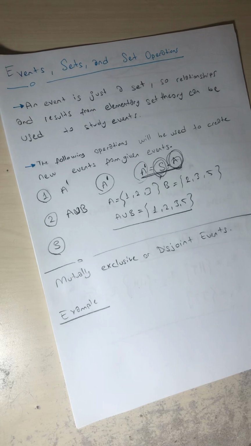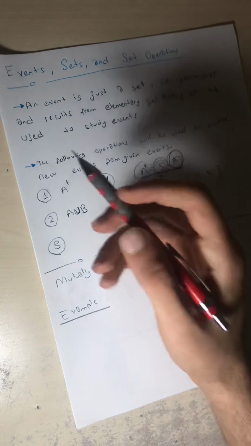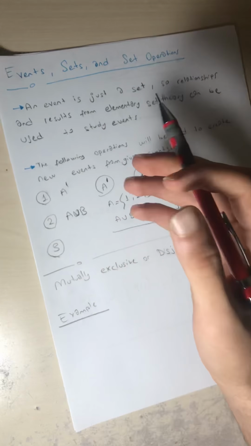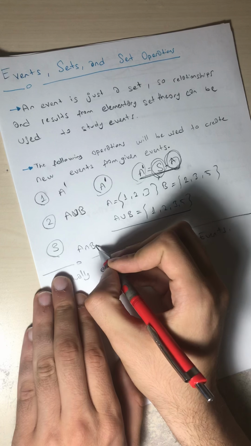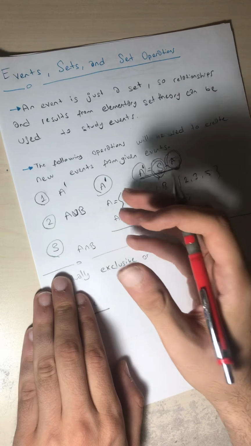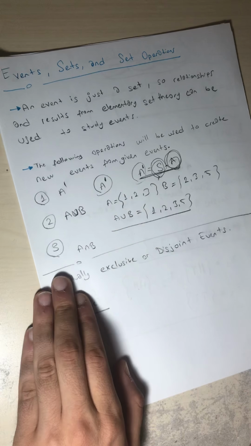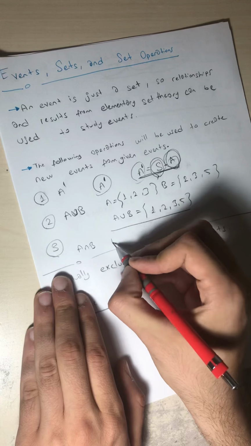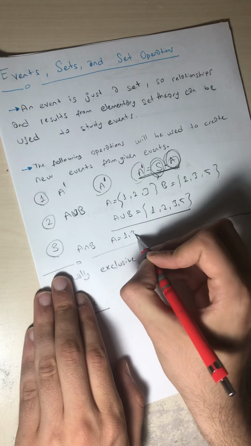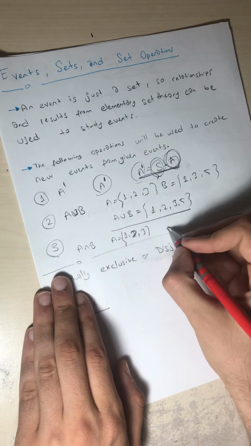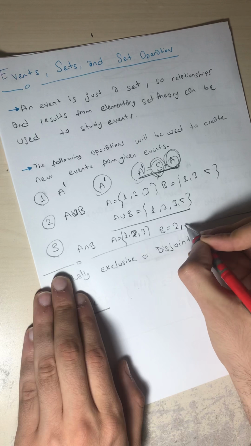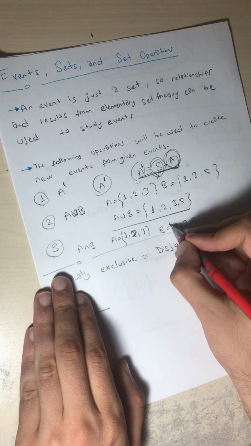The last one is intersection. The intersection of two events A and B, denoted by A intersect B, and we read it A and B, is the event consisting of all outcomes that are in both A and B. Let's say again A is 1, 2, 3, and B is 2, 3, 5.